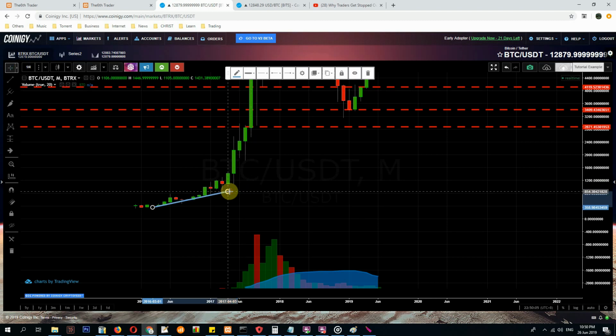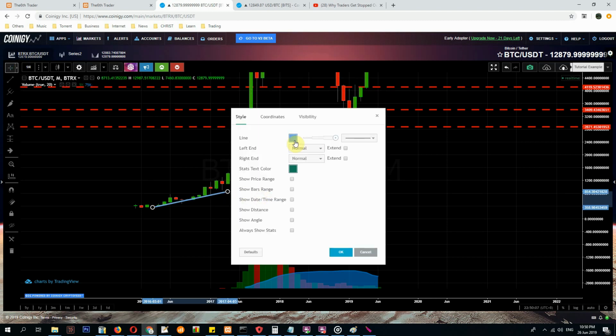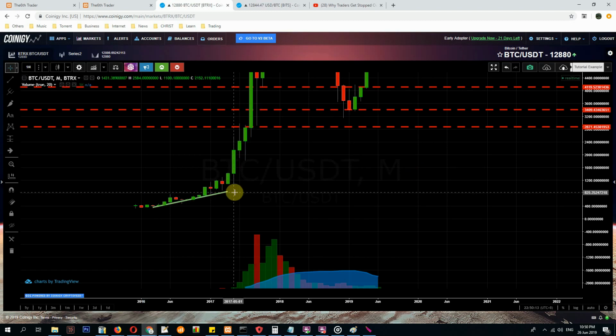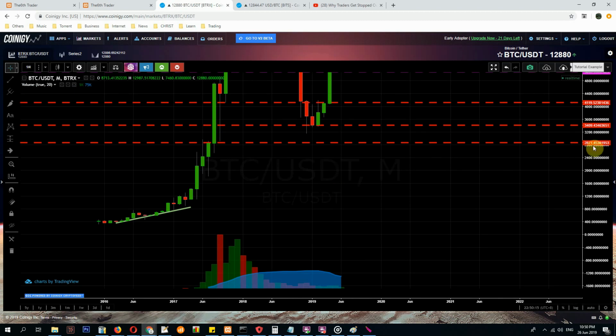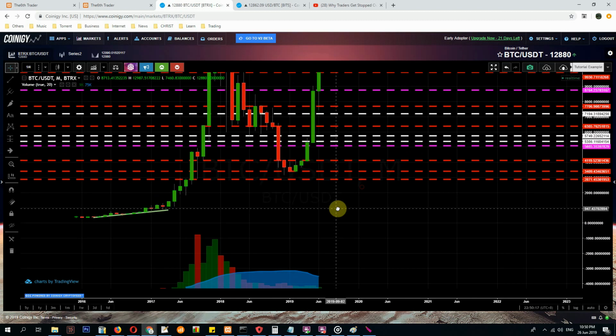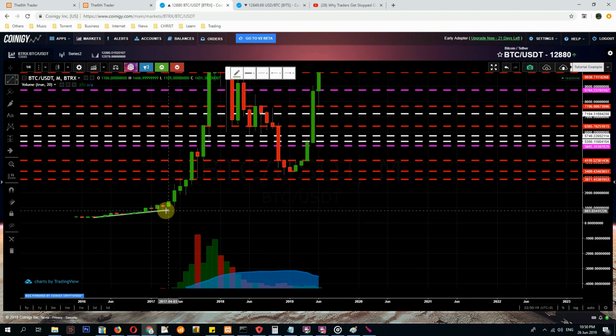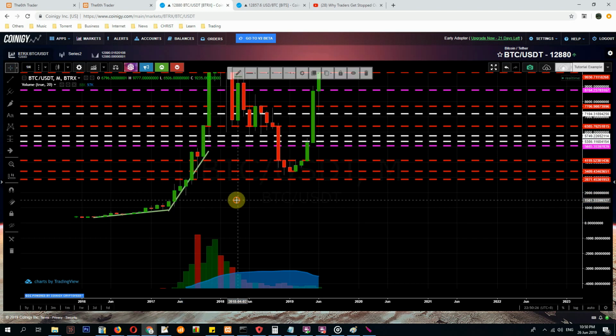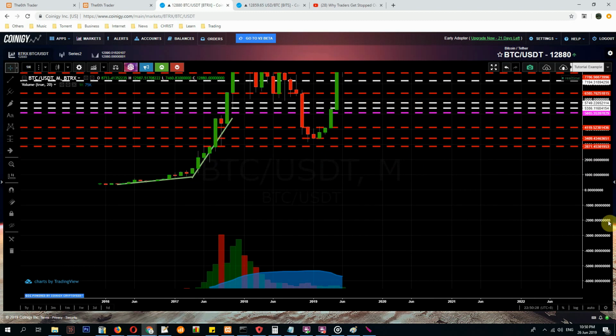This one is the color green. It is support. Notice that our trend line is getting steeper, right? So what does that tell us?